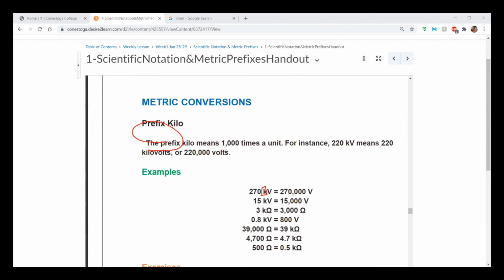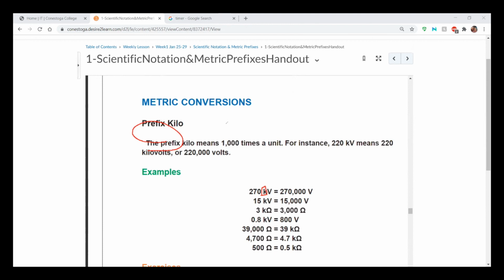In this instance, the prefix kilo means 1,000 times a unit. So if we have 220 kilovolts, it means that we have 220,000 volts.